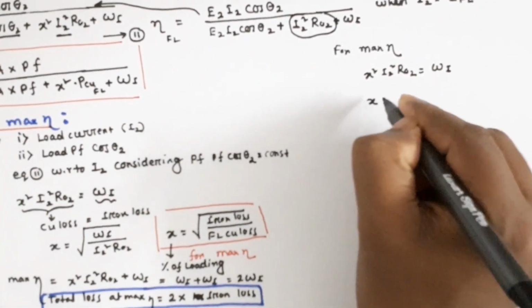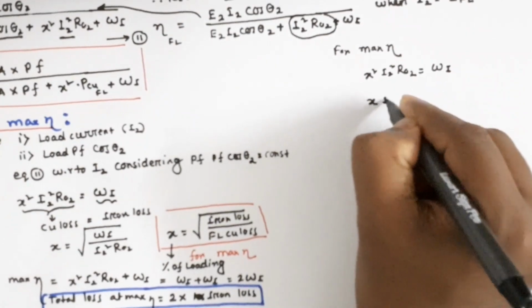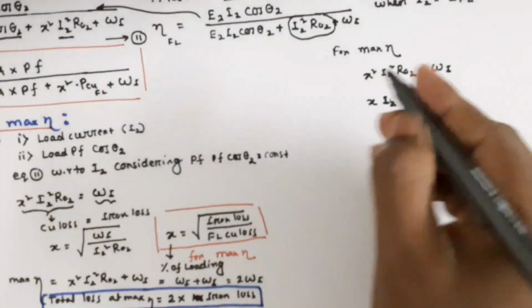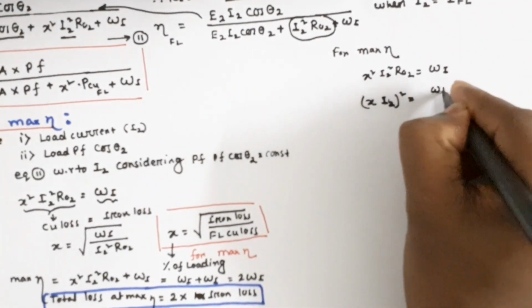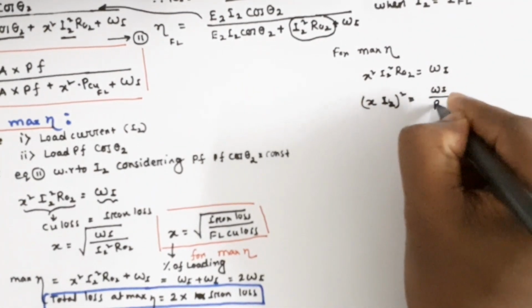Here x into I2 square equal to Wi divided by R02.